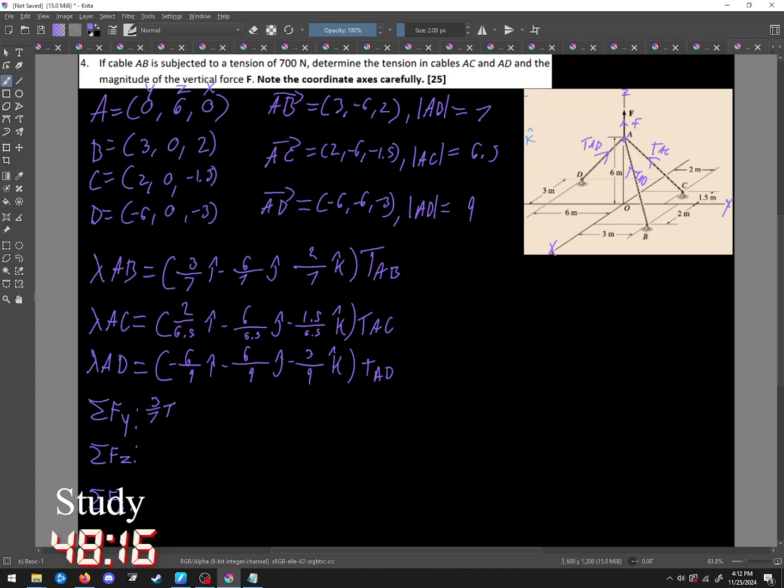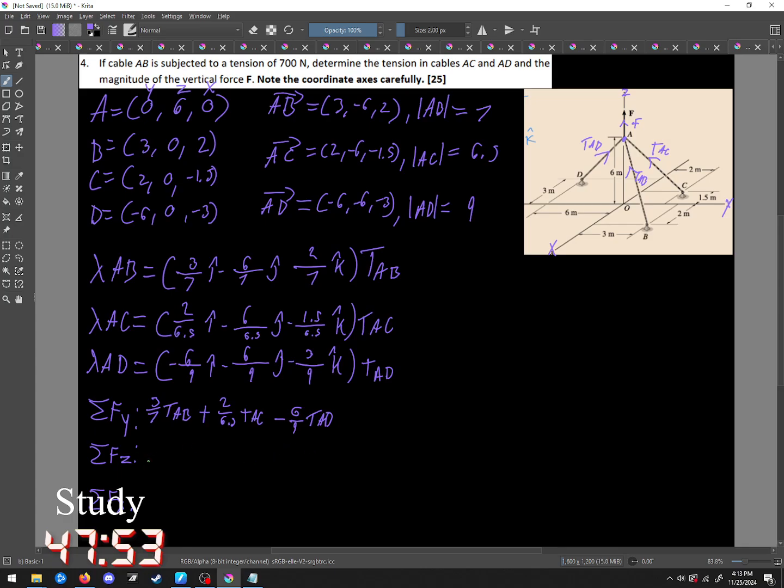We have 3/7 T_AB plus 2/6.5 T_AC minus 6/9 T_AD.